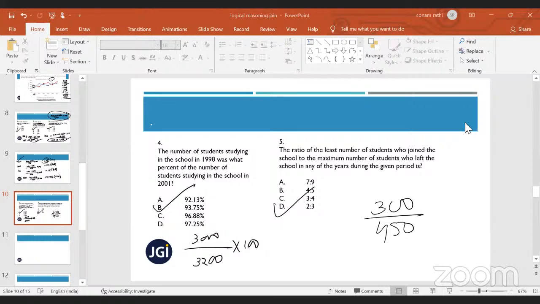Question number 4, correct answer is option B. And 5th is option D.